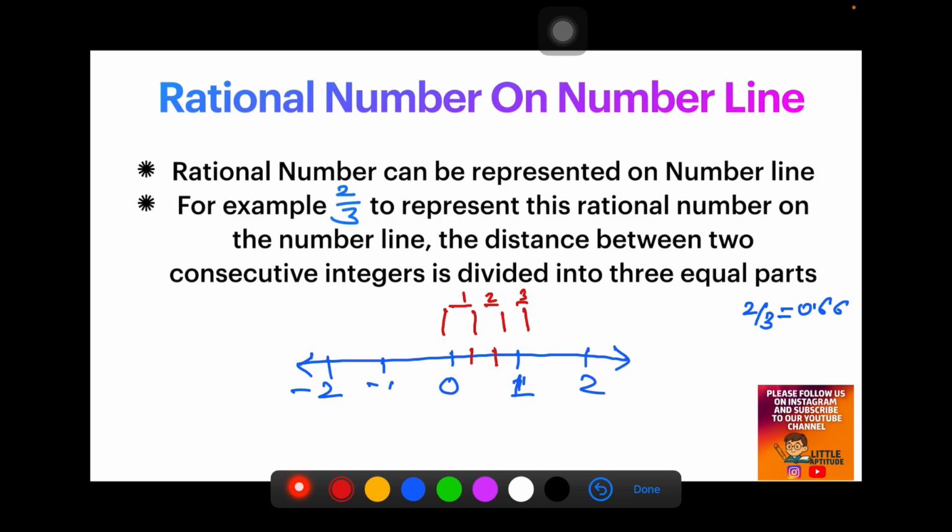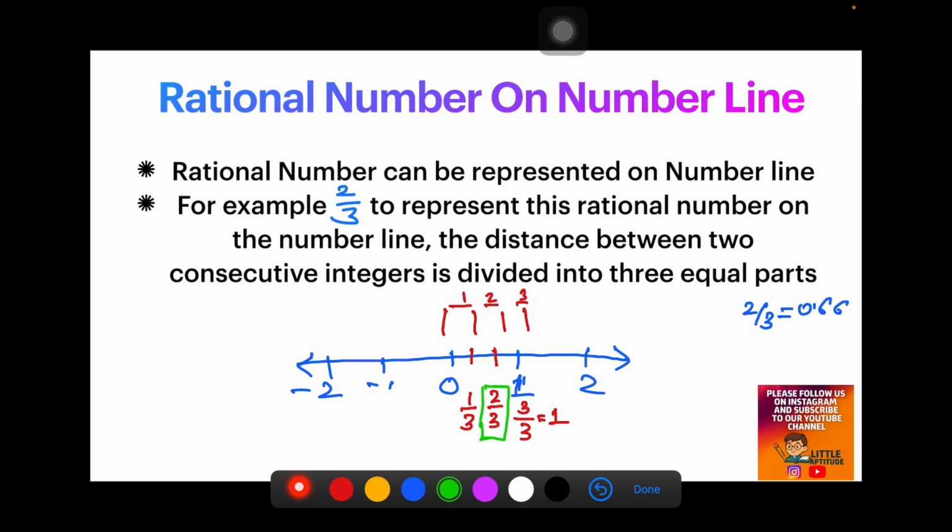Now if I want to represent 2 by 3, I need to mention 1 by 3 at the first point, then 2 by 3, and this one becomes 3 by 3, which is equal to 1. So here I have represented 2 by 3.